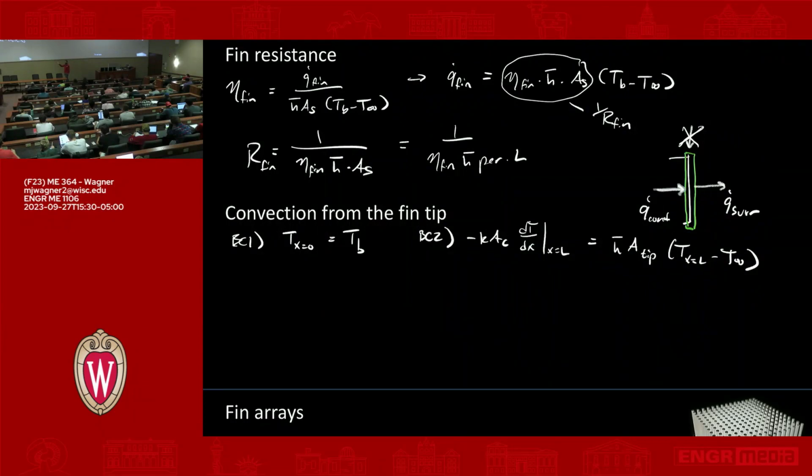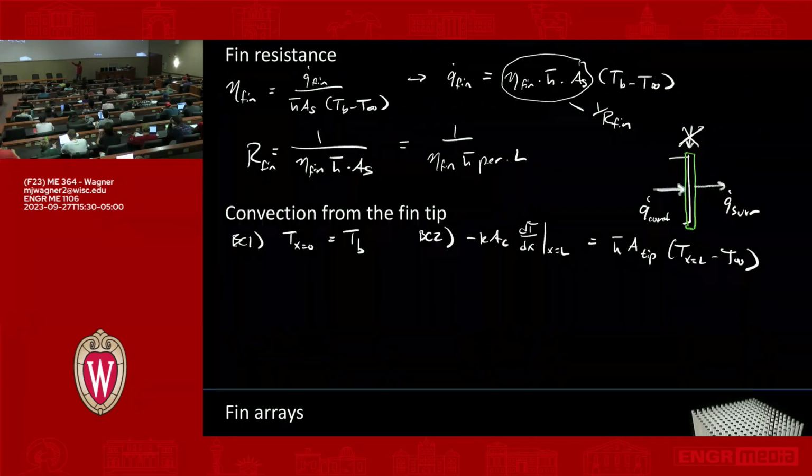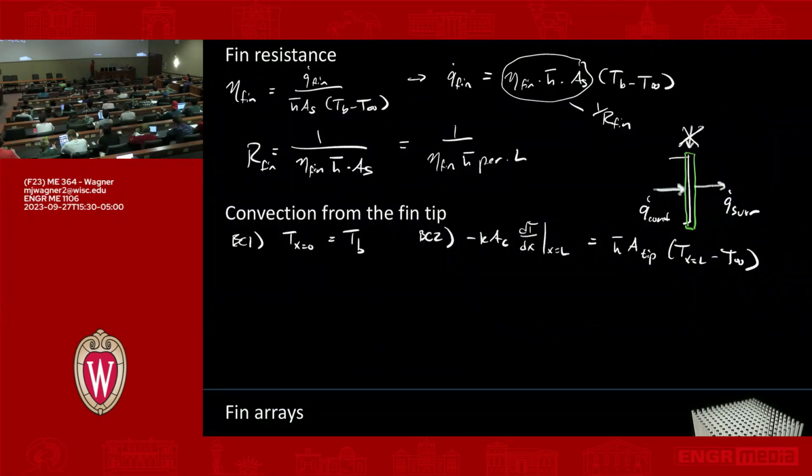In your homework, you have convection and radiation, and then we've got the areas associated with each of those. A_c in this case happens to be the same thing as the A_tip that we've written, so those would cancel out. We could keep going and write this out. What you do is you take your temperature solution, substitute in, take the derivative, substitute that in, and then evaluate it at x equals L.